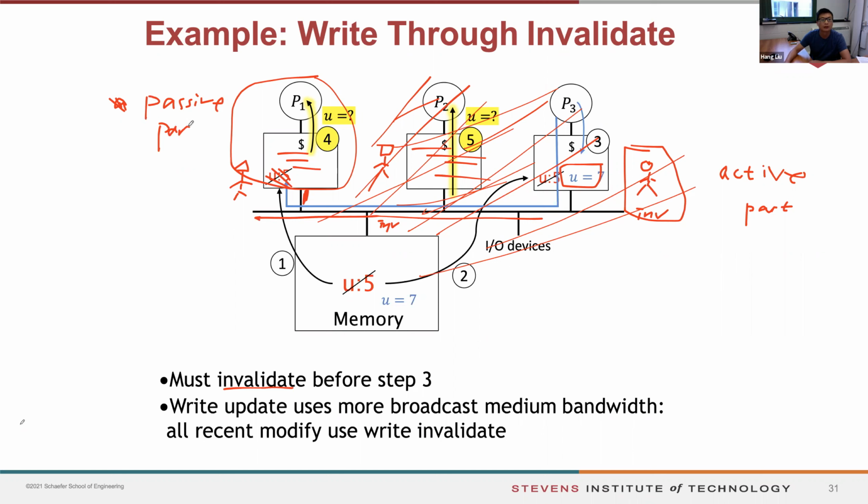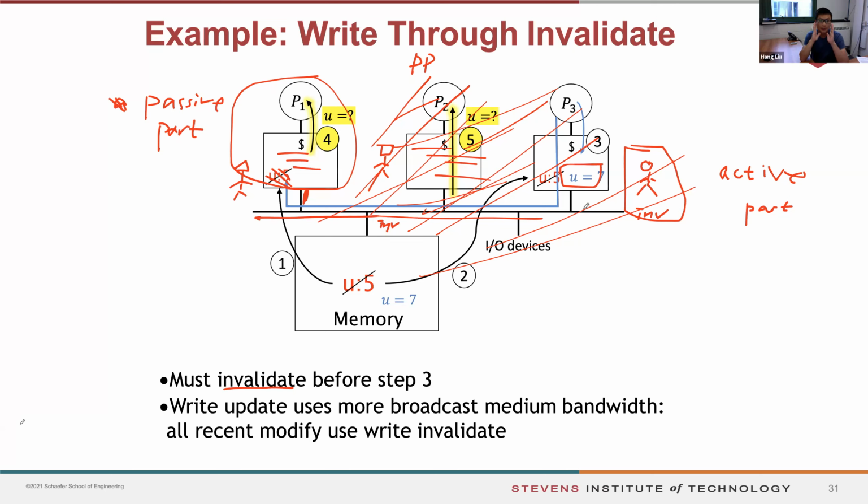The passive ones have to snoop on the bus. The active ones send the information to the bus, right? Whoever grabbed the bus can be the active one to send the information, and the others who didn't get it have to listen, right?